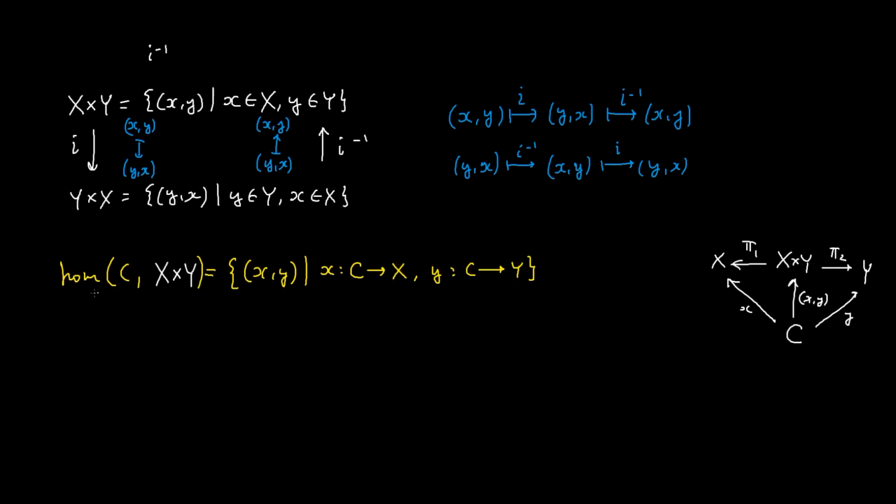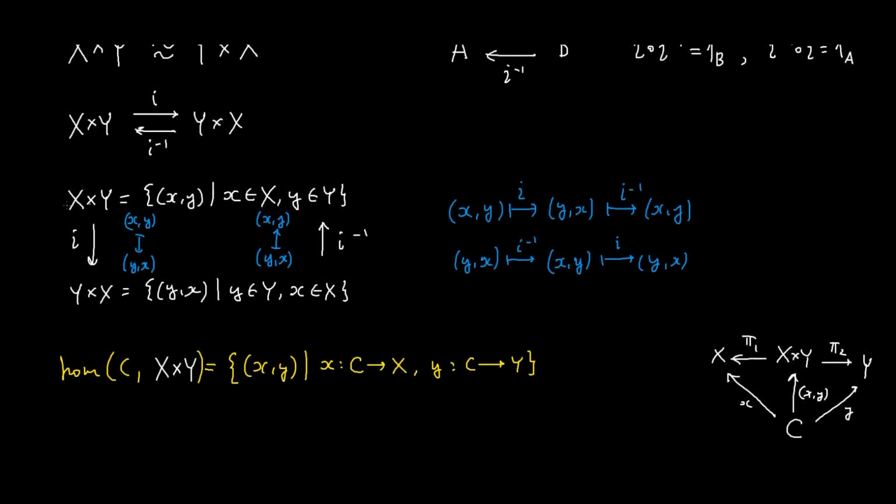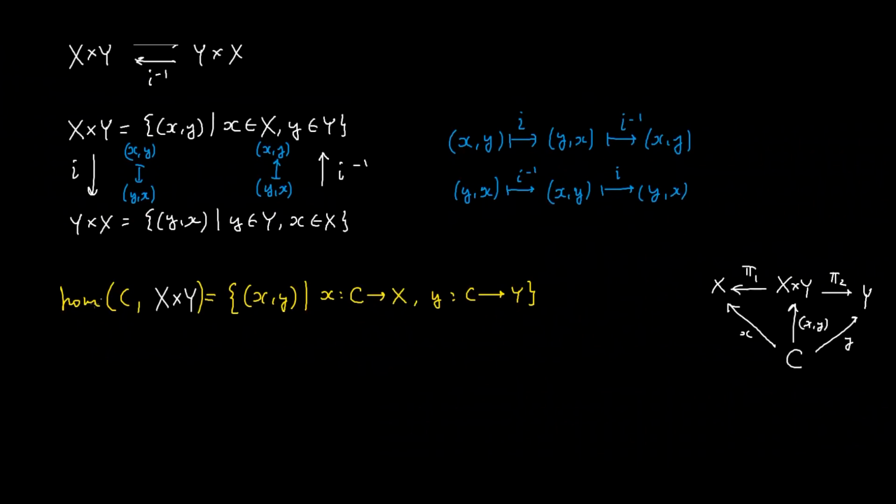So we basically turned this expansion of the Cartesian product into a description of hom sets going into X × Y, which intuitively we still think of as some kind of generalized set, well, an actual set once the parameter C is fixed, of ordered pairs.